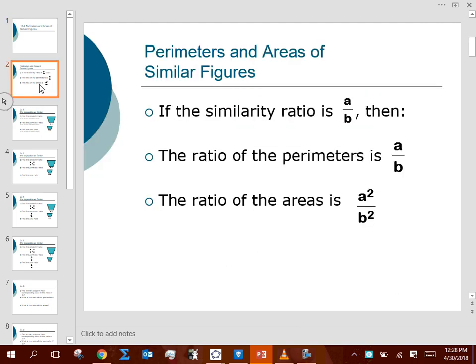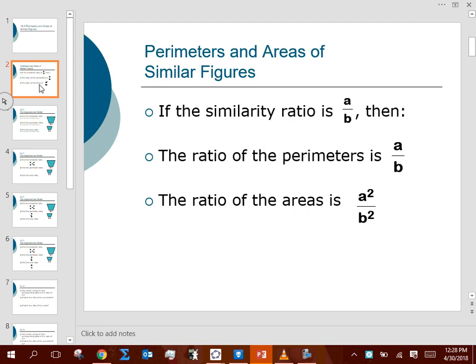All right. The similarity ratio between two figures, if it's A over B, and the ratio of the perimeters is A over B as well. We've talked about that. I'll show you again here in a moment, maybe the algebra behind that. But the ratio of the areas is always A squared over B squared. Okay?